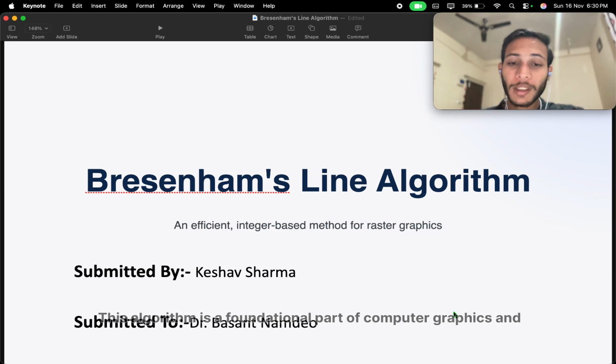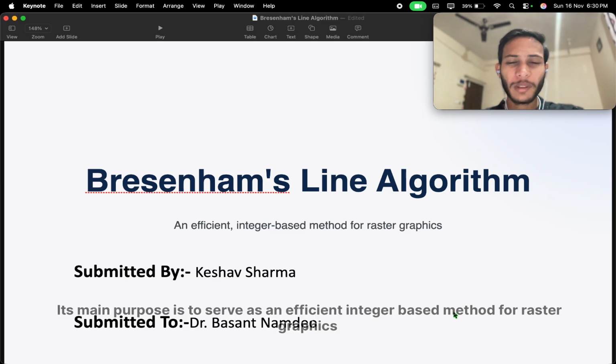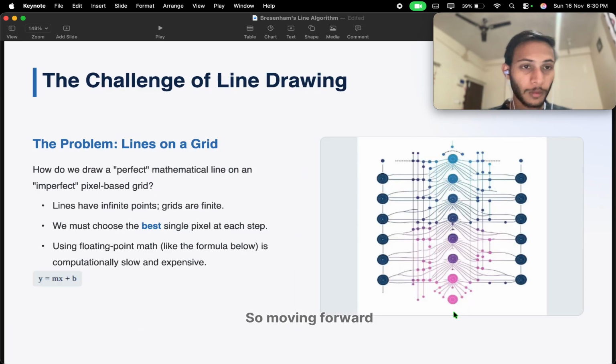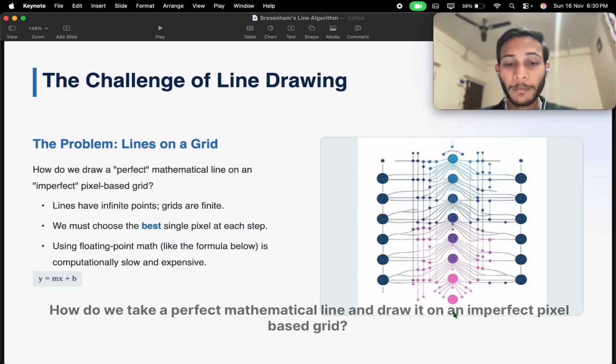This algorithm is a foundational part of computer graphics and its main purpose is to serve as an efficient integer based method for raster graphics, which in simple terms is the process of drawing lines on a grid of pixels. Moving forward, how do we take a perfect mathematical line and draw it on an imperfect pixel based grid?